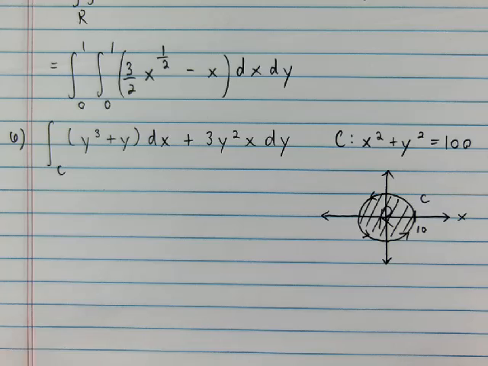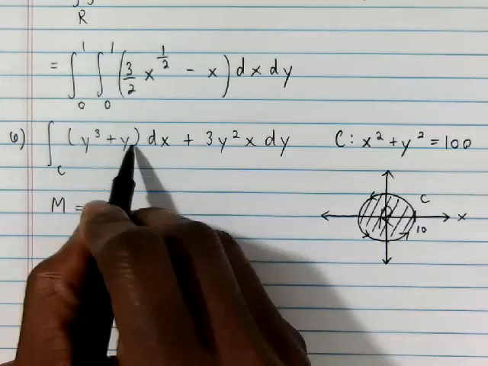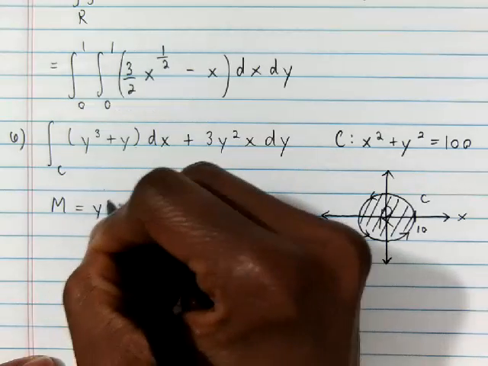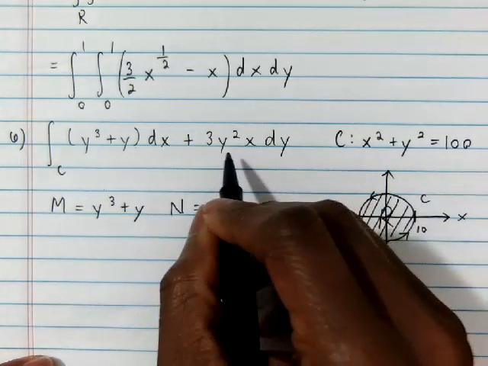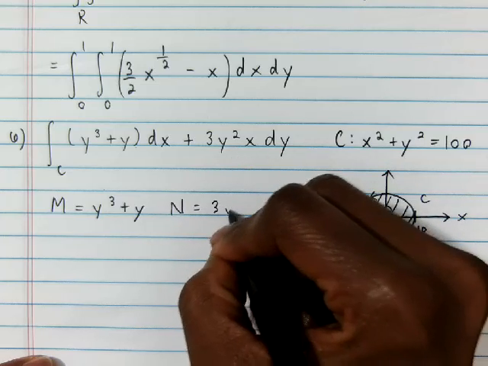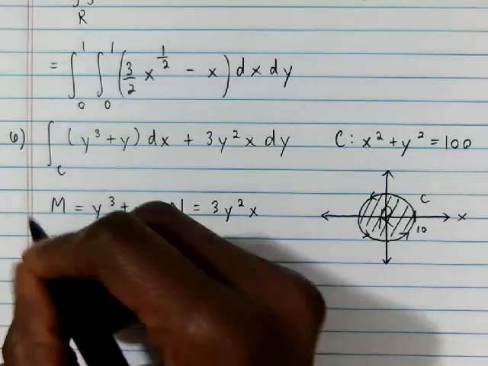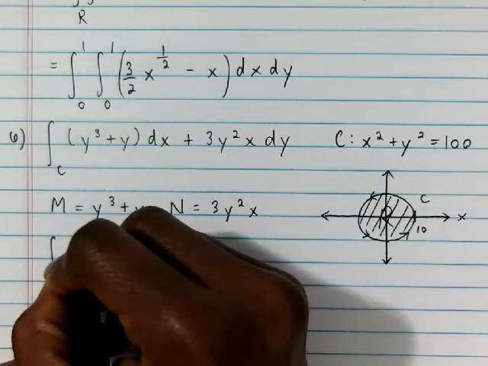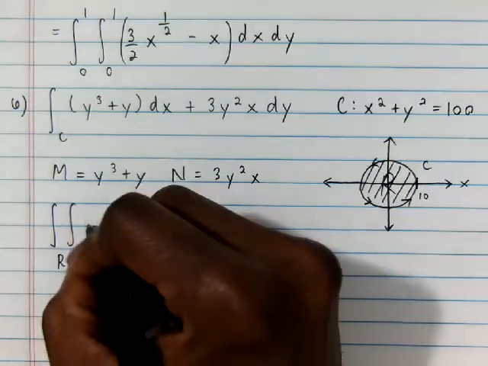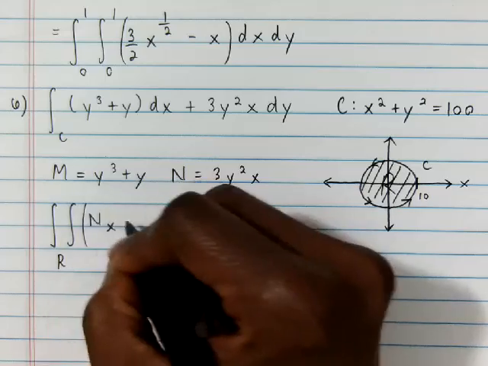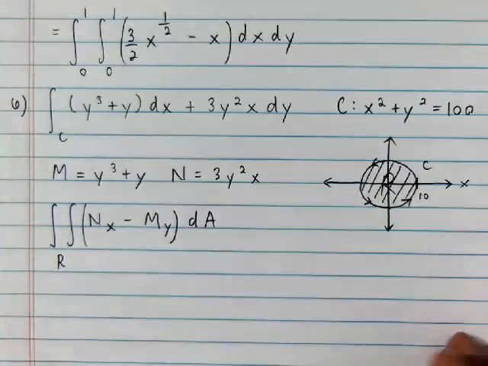And now let's look at our M. The M is y cubed plus y. Our N is 3y squared x. And Green's theorem says that this integral is the same as the double integral over our region R of the partial of N with respect to x minus the partial of M with respect to y dA.